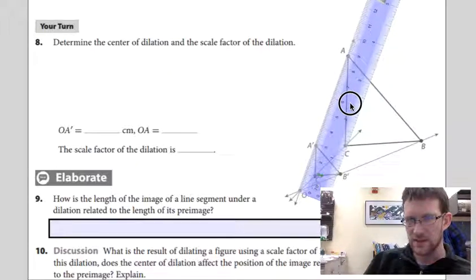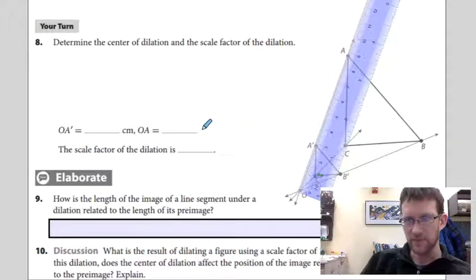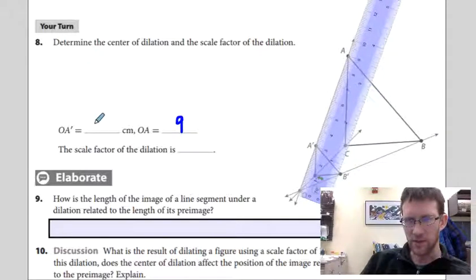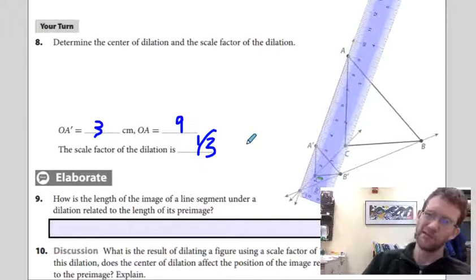I get 9 centimeters for O to A. And then from O to A prime, I get 3. So therefore, we're shrinking this, so the scale factor is 1/3. Oh, it's an ugly 1/3.